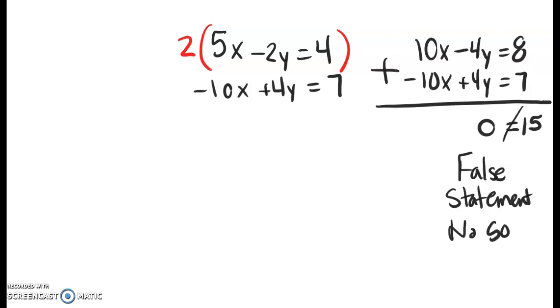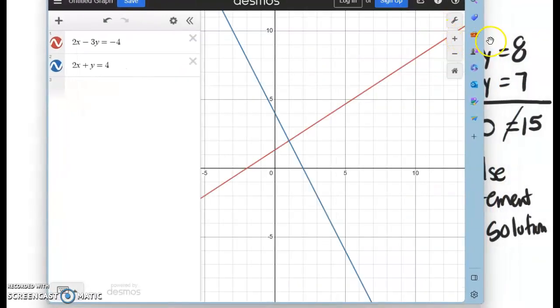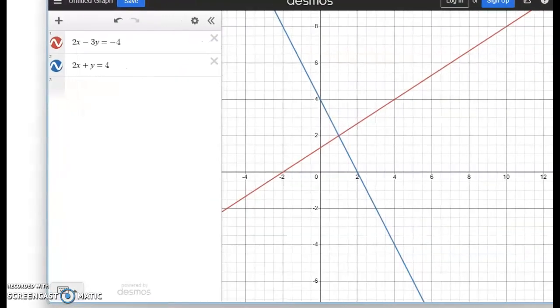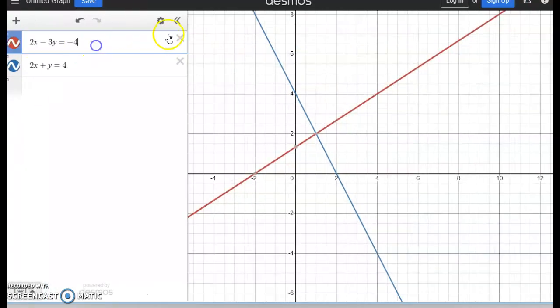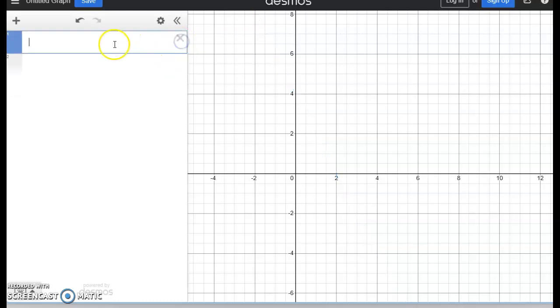And we would see that if we went back to Desmos. Well, let's do that. If I go back to my graphing calculator or Desmos, I am going to see that the two equations, when I graph them, they're parallel lines. And so let's clear out what we have here and put in the two that we have. 5x minus 2y is equal to 4.